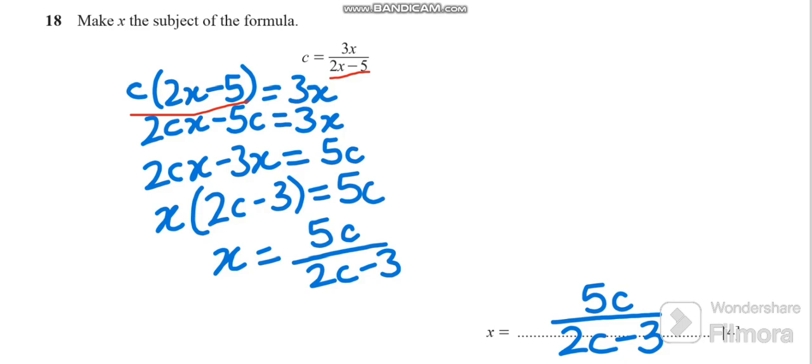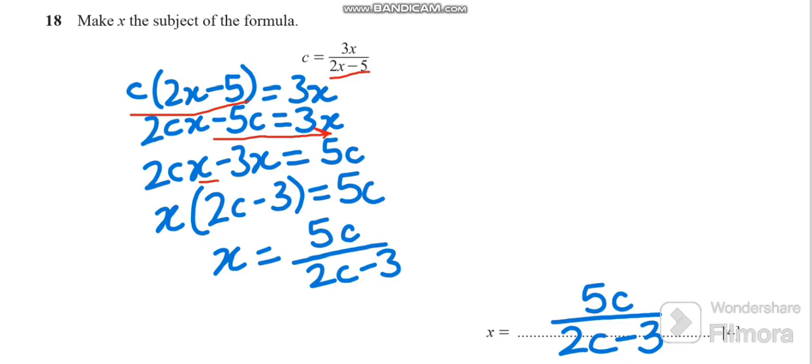Then we move minus 5c to the right side and 3x to the left side. So the equation will be 2cx minus 3x is equal to 5c. Then we take x outside: x multiplied by brackets 2c minus 3 brackets closed is equal to 5c.